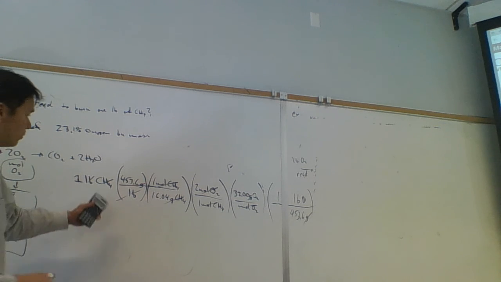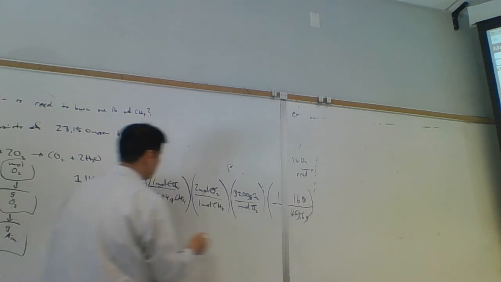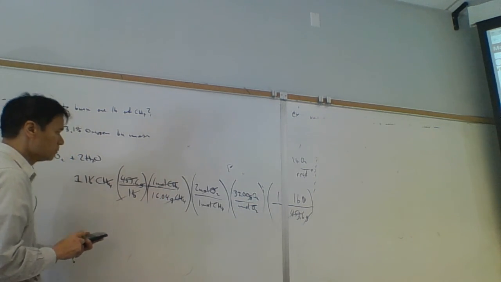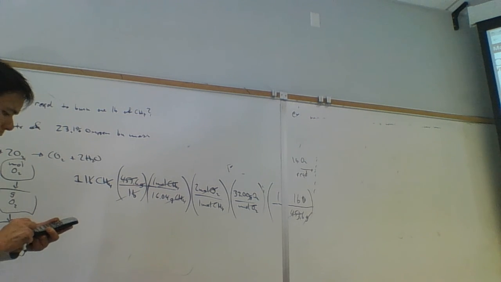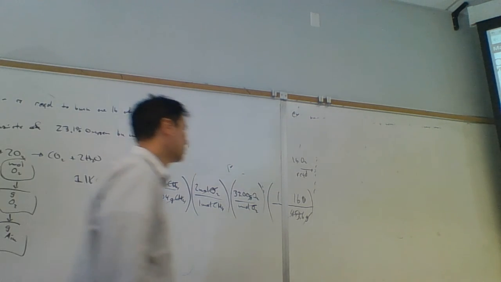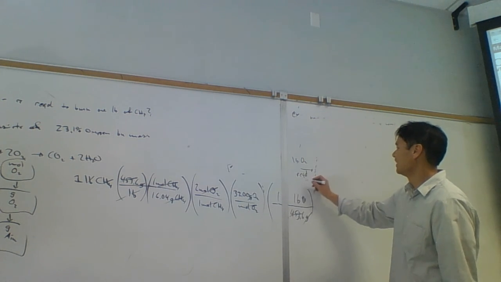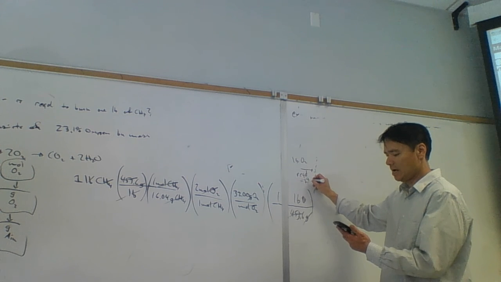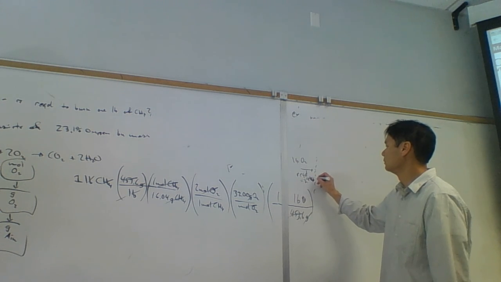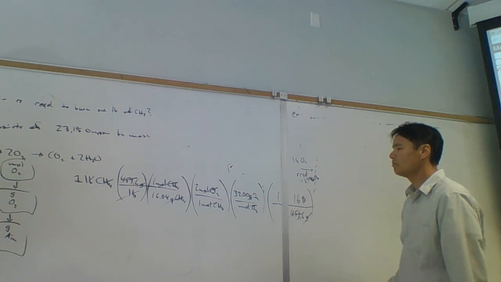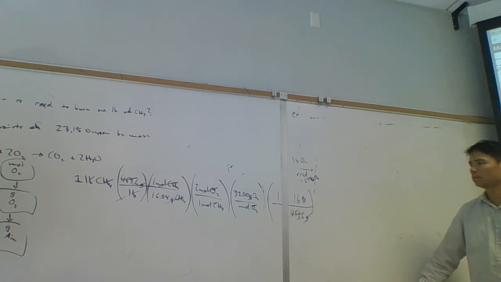The 453.6 is canceled as well, so that's going to give me 2 times 32 divided by 16.04. And so the pounds of O2 required is 3.990 pounds. So I need about 4 pounds of O2.